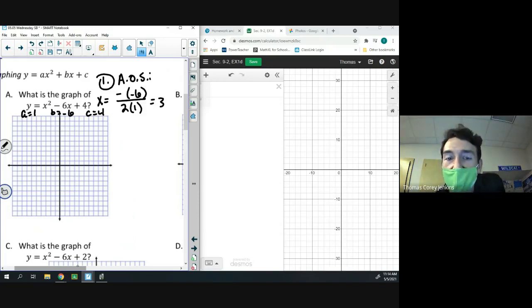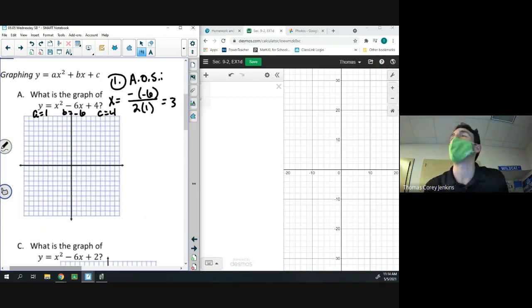So now the y-axis is no longer our axis of symmetry like it was on 9.1. Here's what I want you to do. I want you to draw a dotted line of x equals 3. So what that looks like is we go to where x equals 3 right here, and then we're just going to trace that grid line.